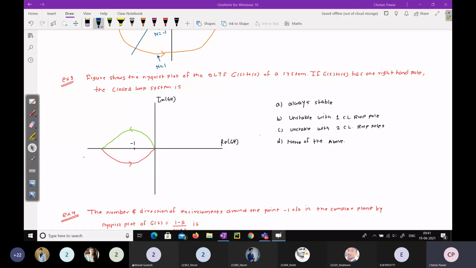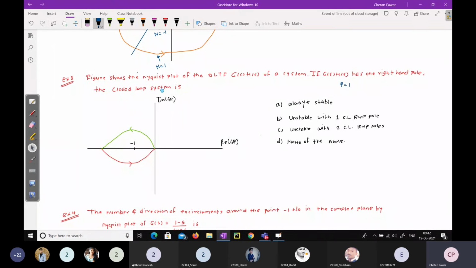The open loop transfer function has one right hand pole. So what is the value of P? 1. The value of P is 1, right? Okay, so P value will be 1.